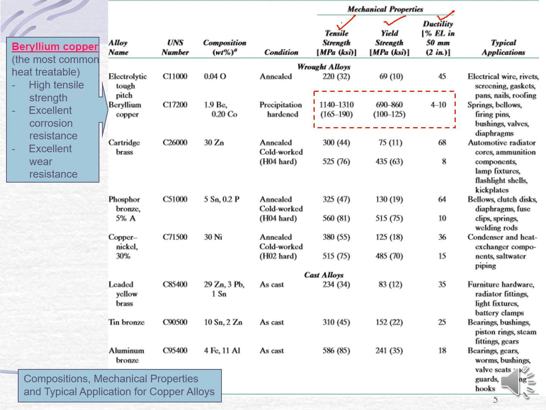Among these various types of copper alloys, beryllium copper, which is the most common heat-treatable alloy, has the highest tensile strength compared to other copper alloys, and also excellent corrosion resistance and excellent wear resistance.